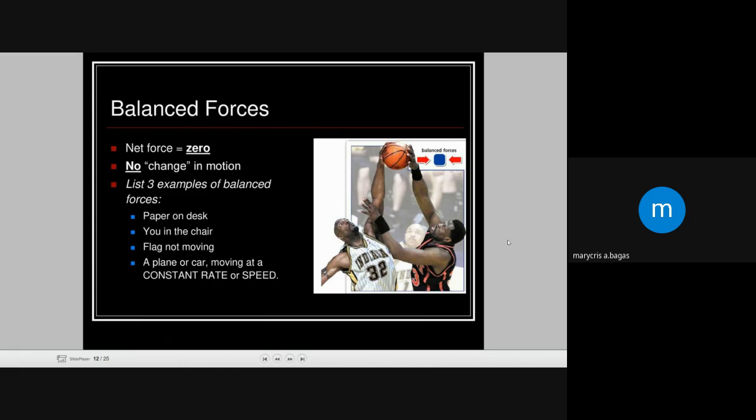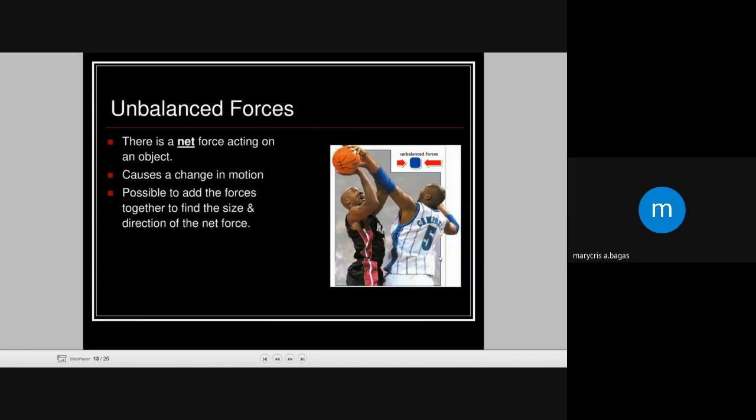How about unbalanced forces? Look at this picture. You can see that the forces of the 2 basketball players are not balanced. On the left side, you can see a smaller force. Then on the right side, the basketball player wearing the white jersey is exerting more force, right?